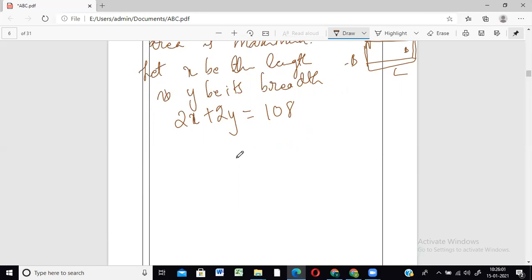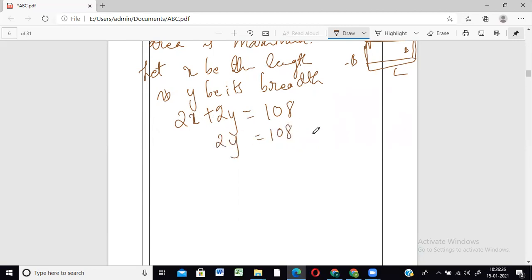So now what we can do is find the value of one variable in terms of the other, because as I said, like in the previous question where it was 84, I told you it is better to write it in one variable only. So here also we want to write it in terms of one variable. So we'll find the value of one and write it in terms of the other. You can do it any way you want. Suppose I'm trying to find the value of y in terms of x.